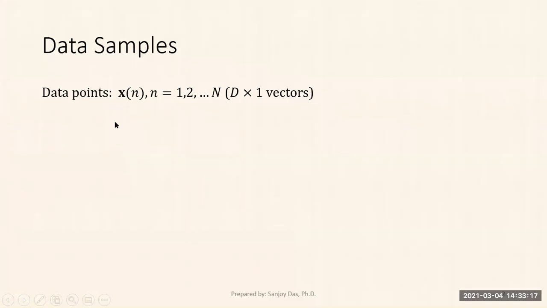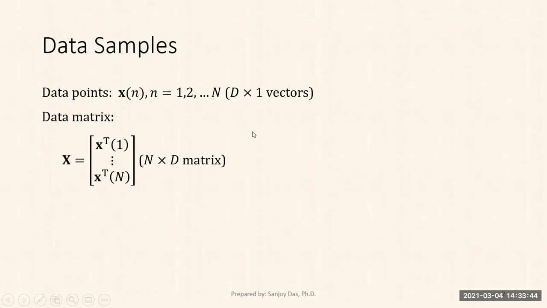Okay, so we have, let's say, data samples. There are n data samples, and the dimensionality of each sample is d. I'll use x_n to represent the nth sample, and each x is a d by 1 vector.